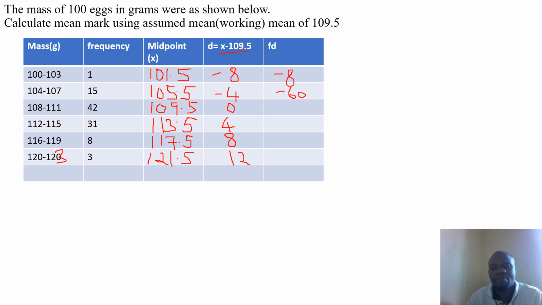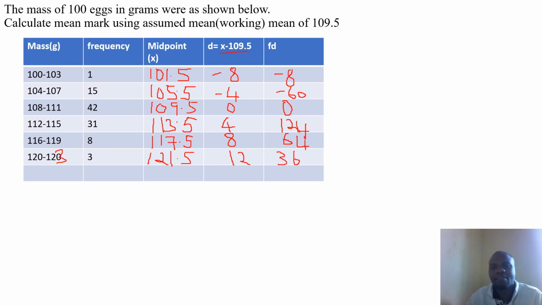If I multiply 42 by 0, I get 0. If I multiply that one by 4, I get 124. If I multiply 8 by 8, I get 64. And if I multiply 3 by 12, I get 36.